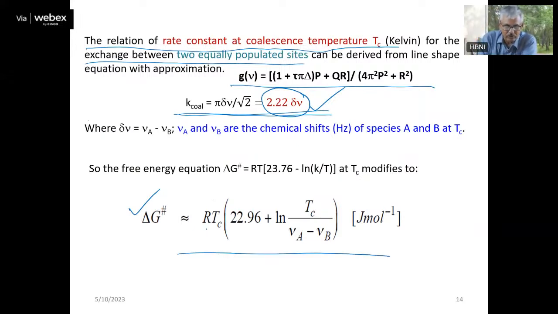So delta G dagger is equal to R times the coalescence temperature, times a constant coming from the various constants, times ln of the coalescence temperature over delta nu. So these are the ways you can find out the parameters.